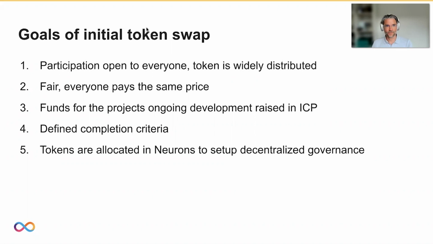The funds are raised for the project, and the control of these funds is transferred to the project at the end of the swap period. It should be very clear to everybody what the exit criteria are for a successful swap, and the outcome should be a decentralized governance. At least initially, sufficient tokens need to be allocated to voting neurons and not as liquid tokens.